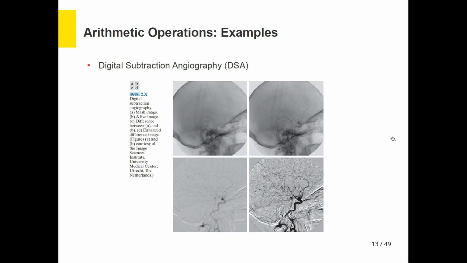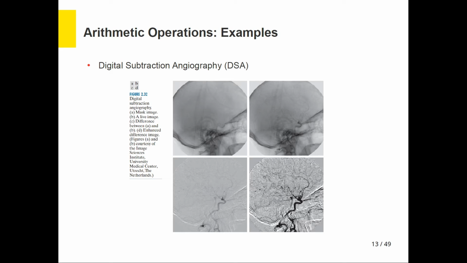Another application of arithmetic operations can be considered their use in digital subtraction angiography. The way it works is that at the beginning we capture a reference image of the human subject, and then we administer some contrast agent to the blood flow of the patient.